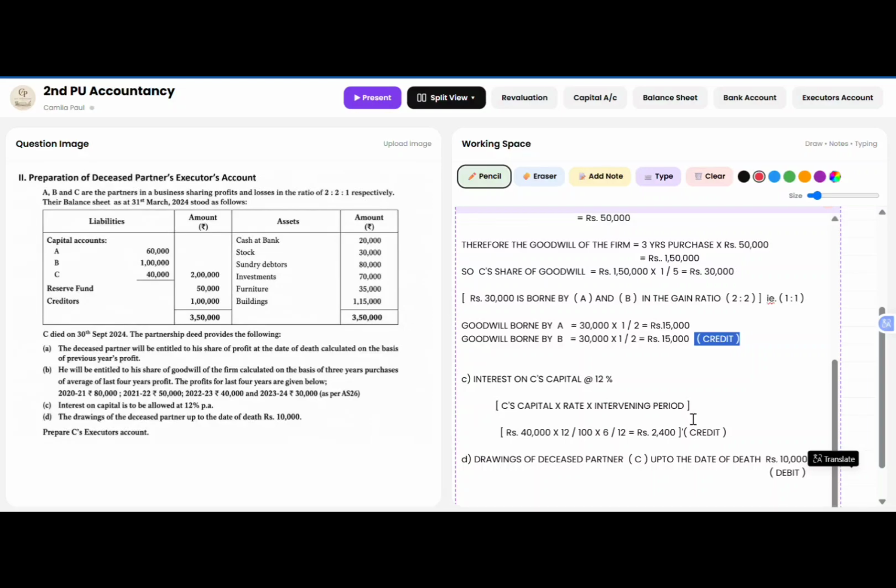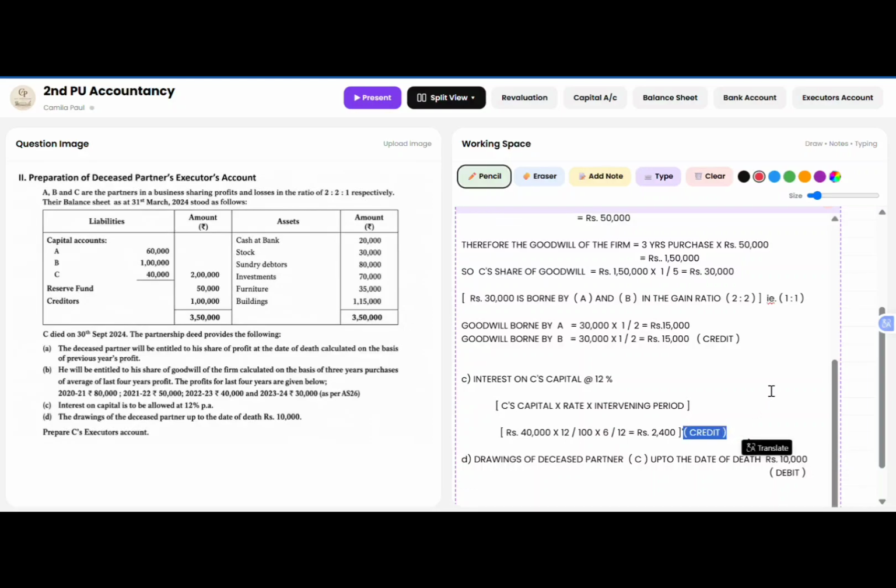So the capital amount is rupees 40,000 into the rate is 12%, so 12 divided by 100 into the intervening period is 6 months, so it is 6 by 12, which we will get it as rupees 2,400. This also will appear on the credit side of the executor's account.